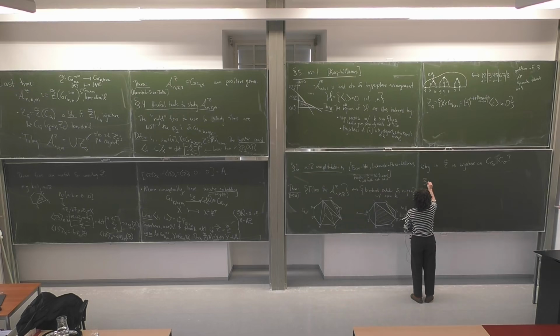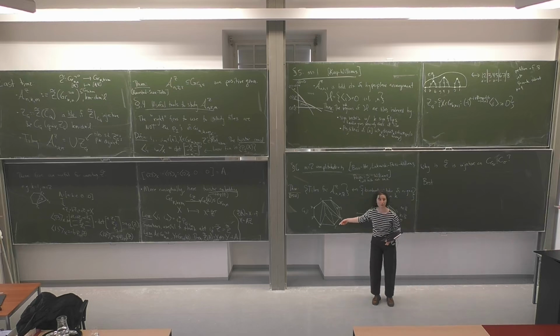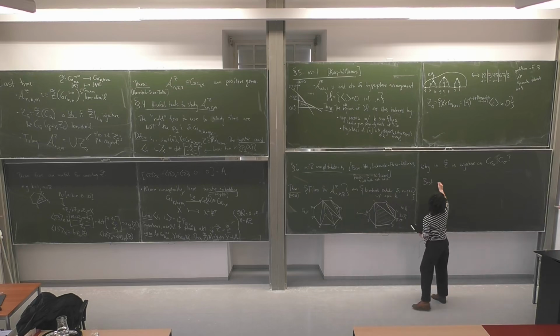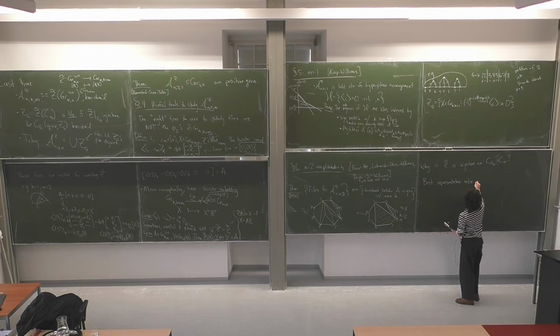So, I told you how to get the Plücker coordinates for points in this cell from this graph, and then you have to think a little bit harder maybe about the representative matrix. But not that hard in this situation. So I'll tell you what the representative matrix is, and then we'll think about why it is a representative matrix.